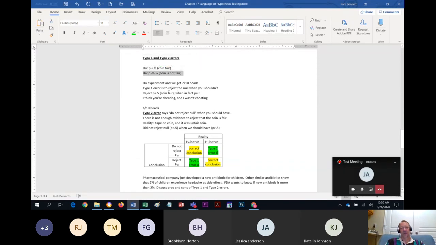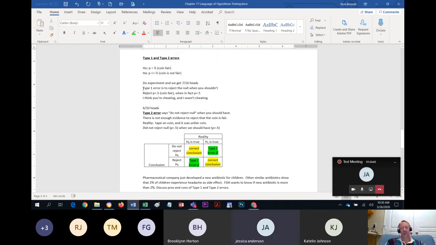So the type 1 error would be to reject the null. Okay, so we said that it was a fair coin. So you and I are placing a bet. It's a fair coin. It comes up 7 heads, and you say, "Oh, Rick, I think you're cheating." You incorrectly said I was cheating when I was not cheating. Okay.